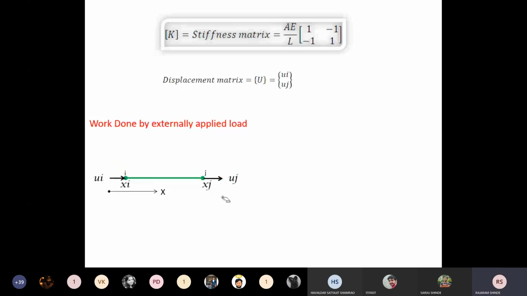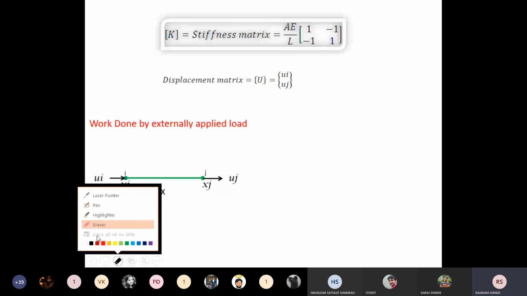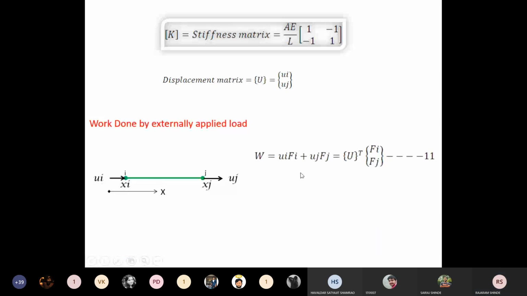Now your work done becomes W is equal to ui Fi, it is a force into displacement, plus uj Fj, it is also force into displacement, and this I have written in the form of matrix, that is U transpose into Fi Fj. You can see here U transpose is ui uj into Fi Fj.